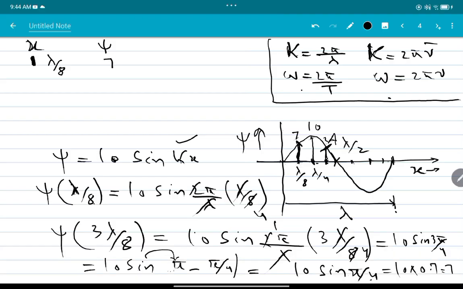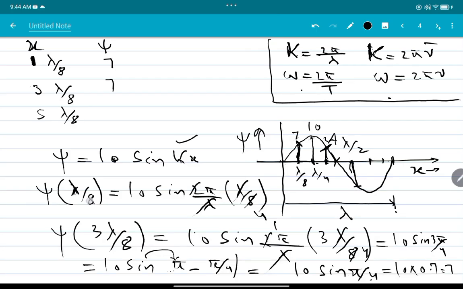At x equal to 3 lambda by 8, that means point A, again 7. At x equal to 5 lambda by 8, check it and you will find again 7, but it may be negative. Yes, of course, at that it is again 7.